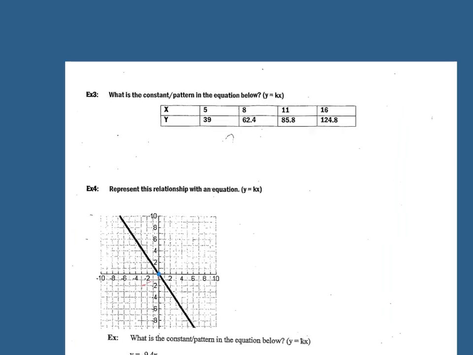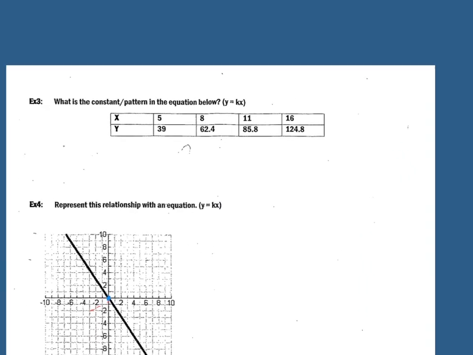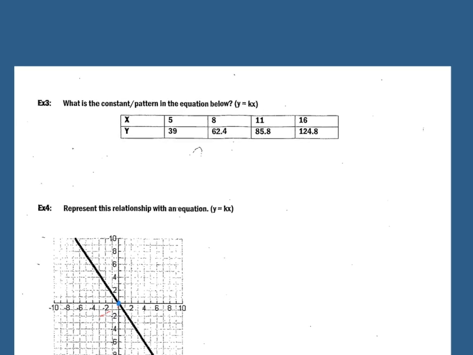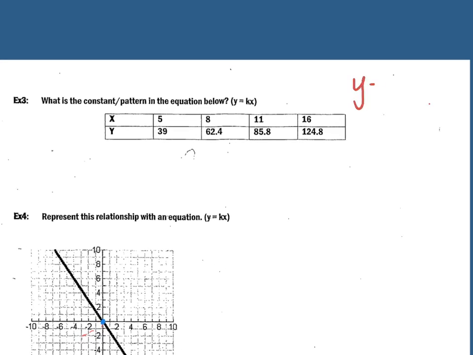Just a couple examples on the back. What is the constant or pattern in the equation below? And we want to write it in that format, y equals kx. So to find the k, we're looking for change in y over change in x. So let's figure that out. What is our change in y? What's 62.4 minus 39?